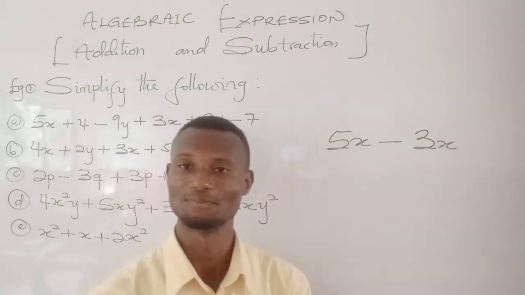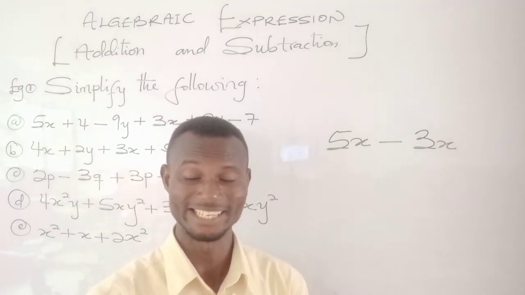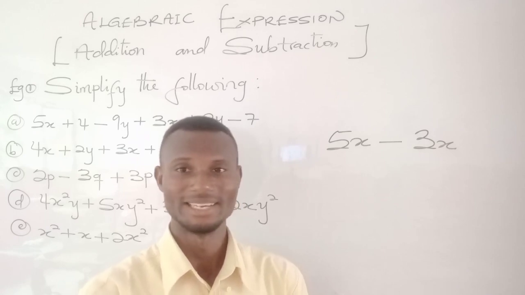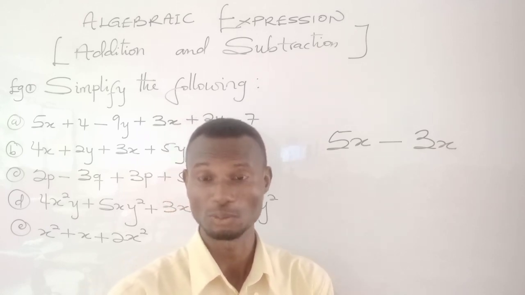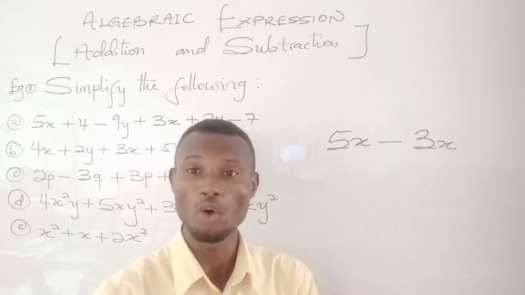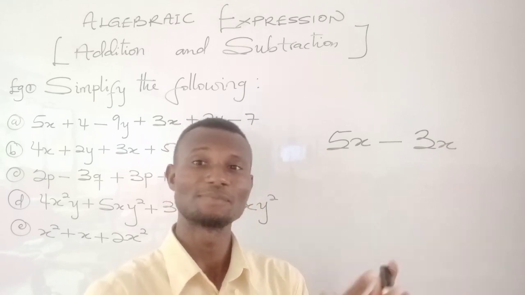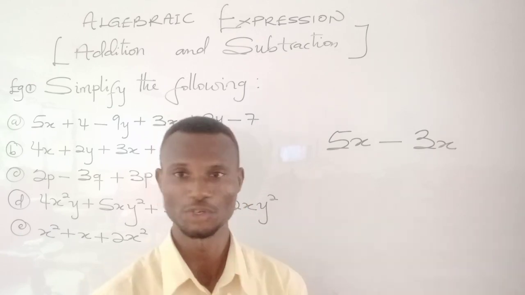And I'm saying that for us to conduct the subtraction or addition, we deal with the coefficients after we've confirmed that the variables are like terms. If you want to conduct the addition or subtraction, it's the coefficient of the variables that we deal with. Then we just pick one of the variables and attach to it. So let's do it for you to see.